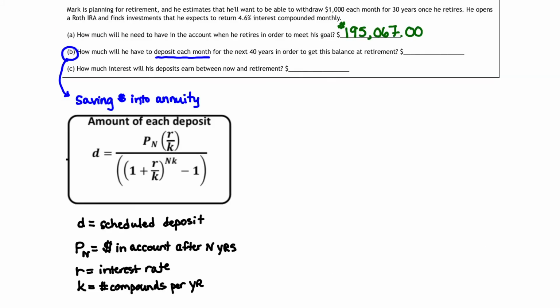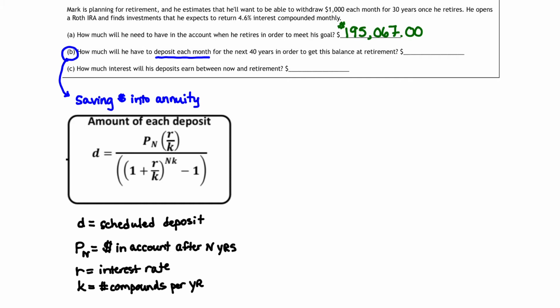Bringing that formula over, we have that the amount for each deposit is D, which is our scheduled deposit, equals P sub N, or the money in the account after N years, times the quantity of R over K, where R is the interest rate and K is the number of compounds per year, also the number of withdrawals per year, over the quantity 1 times 1 plus R over K to the NK minus 1.